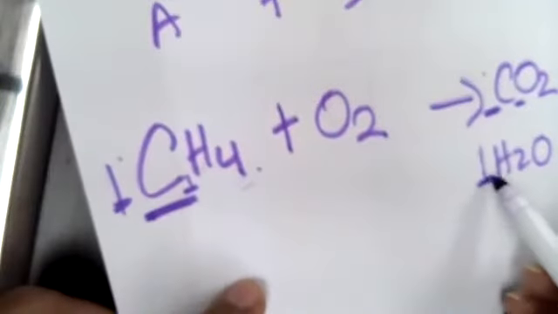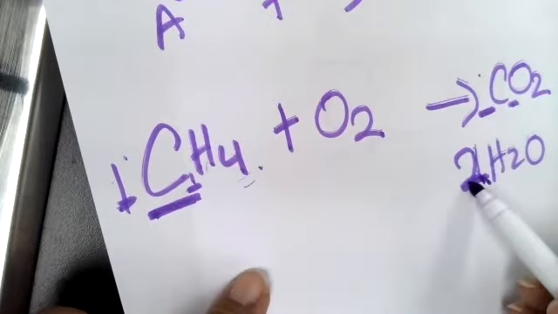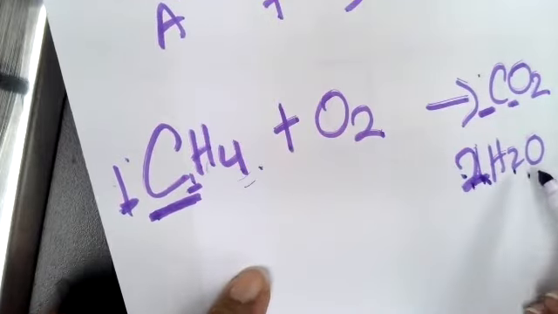It seems like 2 hydrogen atoms disappeared, which we can't have. So this needs to turn into 4. They need to be equal. In order for this to become 4, you need to put a 2 here. If you put a 2 here, 2 times 2 becomes 4, right?